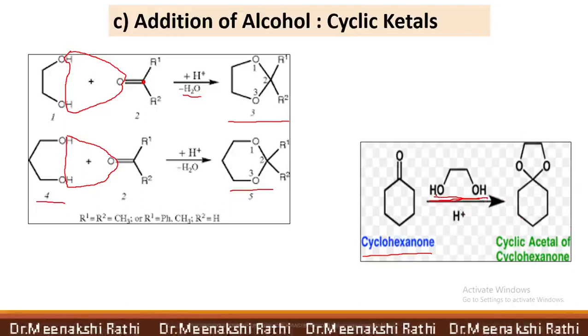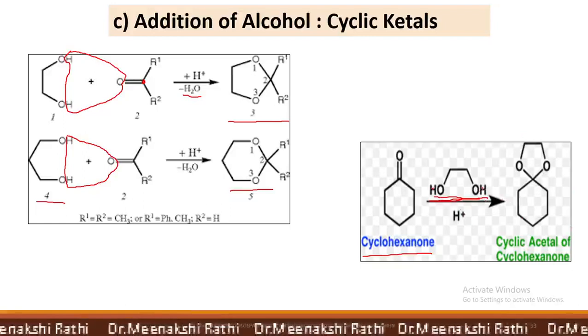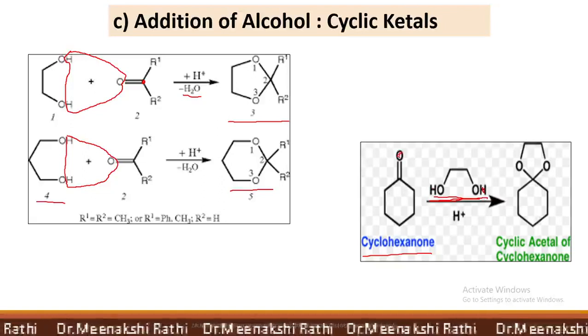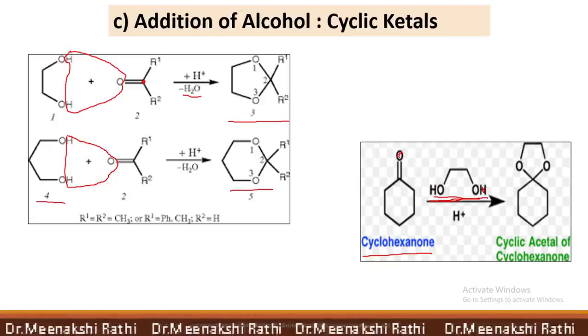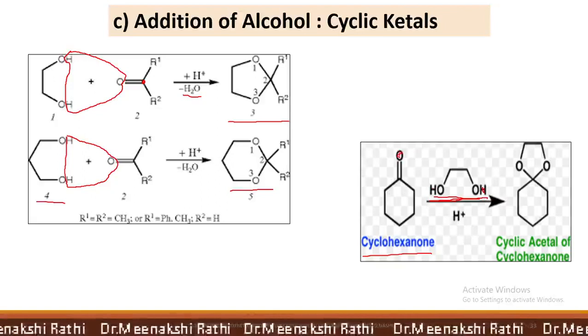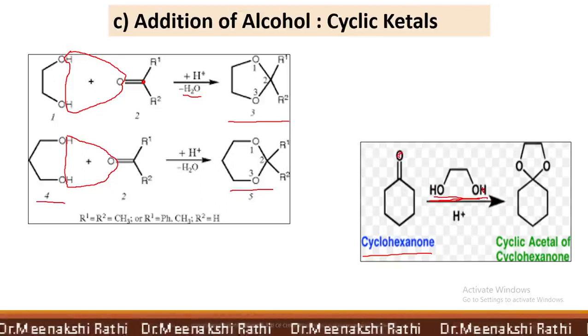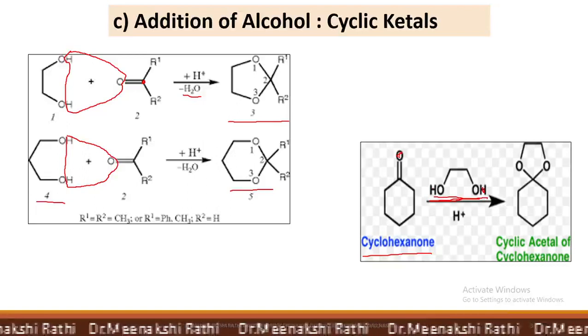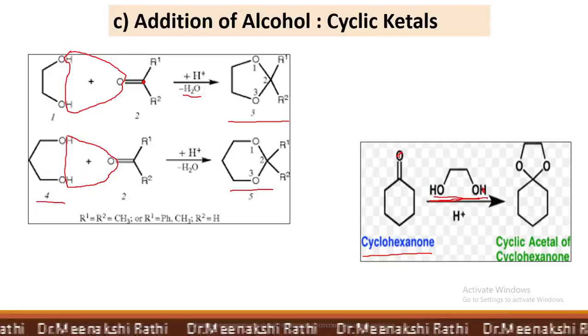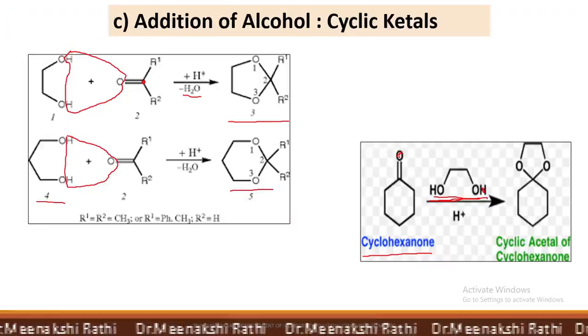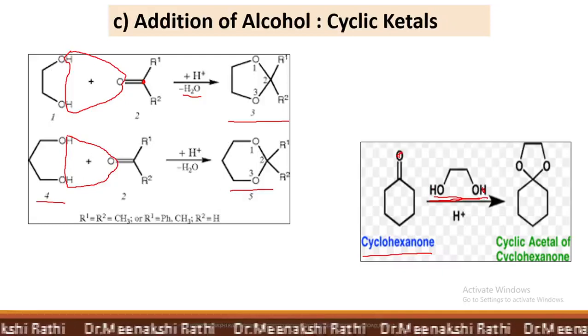How is it formed? This hydrogen and oxygen are removed as a water molecule. So this is the addition of alcohol to get hemiacetals, acetals or cyclic ketals. Remaining reactions will be discussed in the next video.